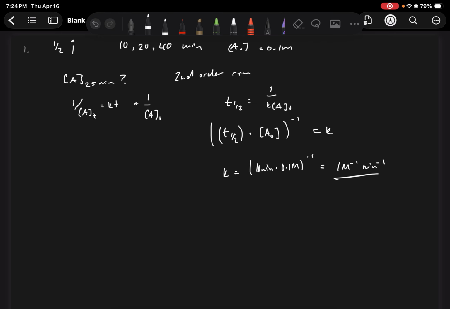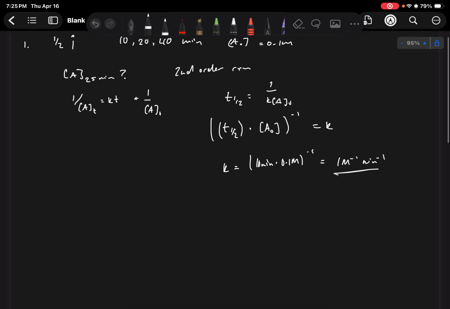Now what do we need to do? We just have to solve for the concentration at 25 minutes. So K times T, 25, just put this all to the power of -1.